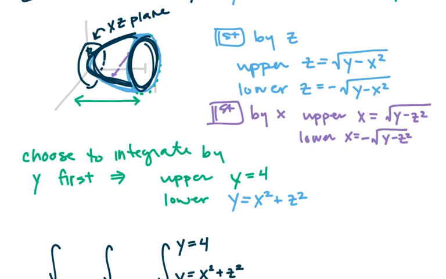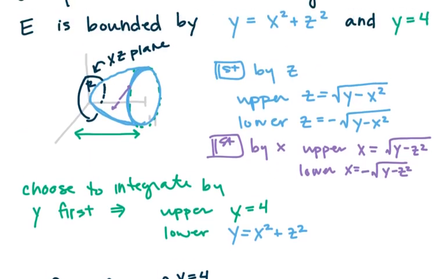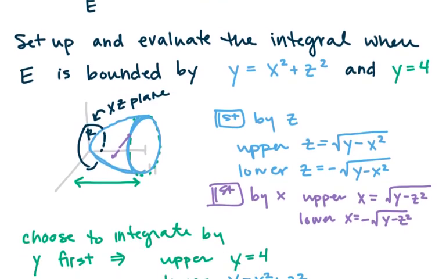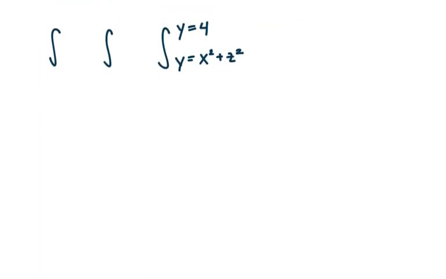Lower on the left, the upper is on the right side. Just think about how you move on your x and y axis, your greater than and less than. All right, and my function is the square root of x squared plus z squared dy.